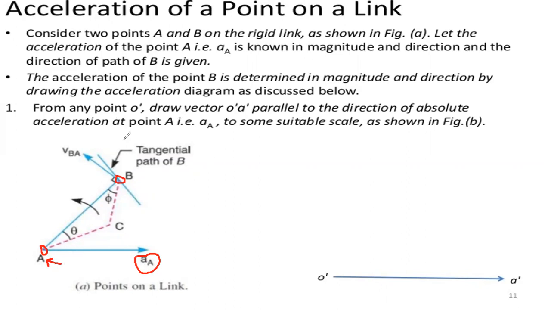So the direction of the path is perpendicular to the link AB, which is always perpendicular to the link AB.